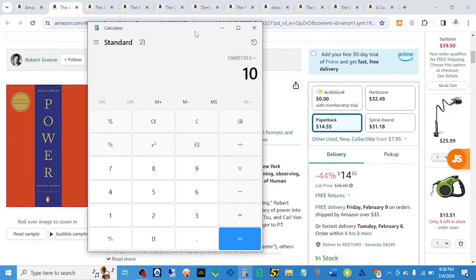So let's say this divided by 10, then multiplied by 6. Sorry, not divided by 6, multiply by 6. I think you understand the calculation now.